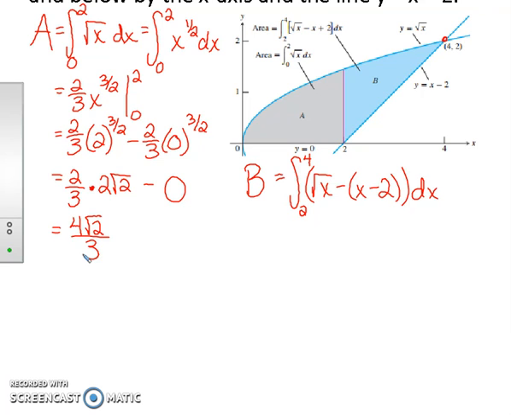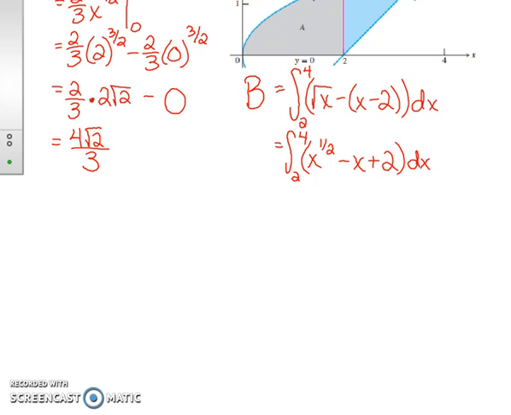Then for region B, I am first going to rewrite the square root of x, and then I'm going to distribute my subtraction there. So we know that x to the 1/2 becomes 2/3 x to the 3/2, then minus 1/2 x squared plus 2x from 2 to 4.